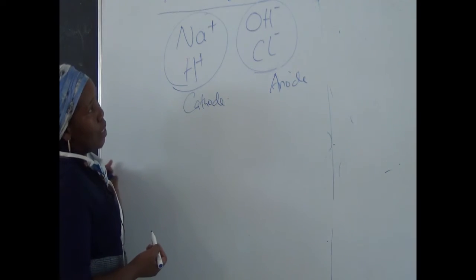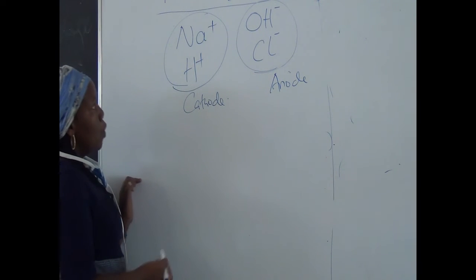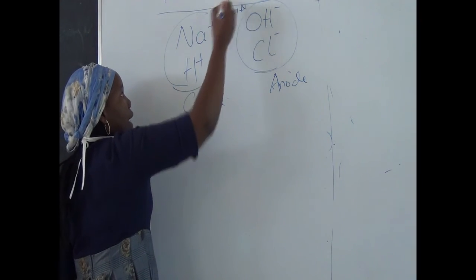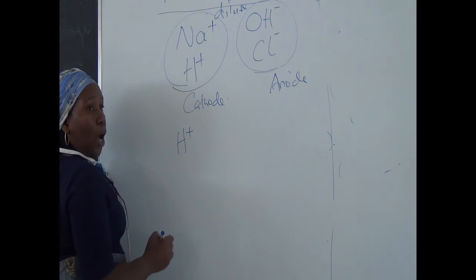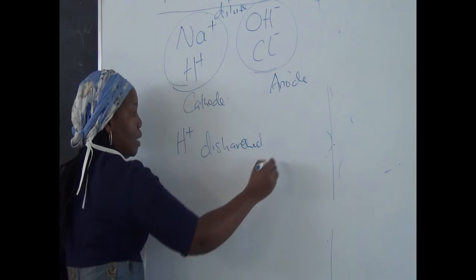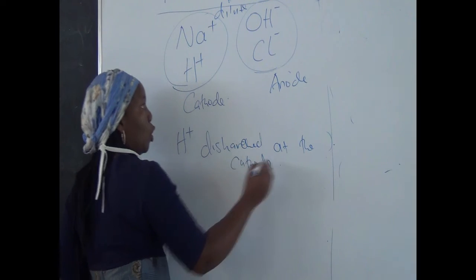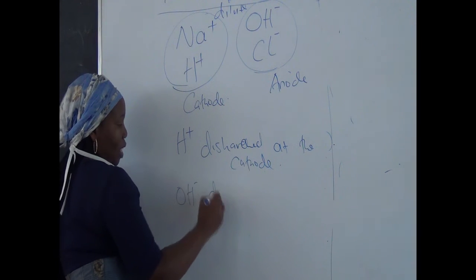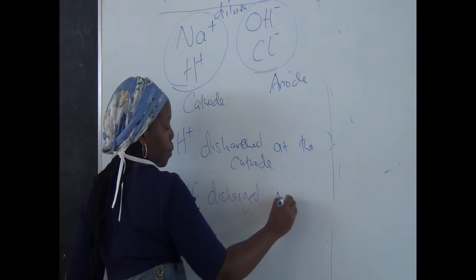Based on the electropotential series that we looked at in our previous lesson, we realized that in dilute sodium chloride, hydrogen ions are going to be discharged at the cathode, whereas the OH ions are going to be discharged at the anode.